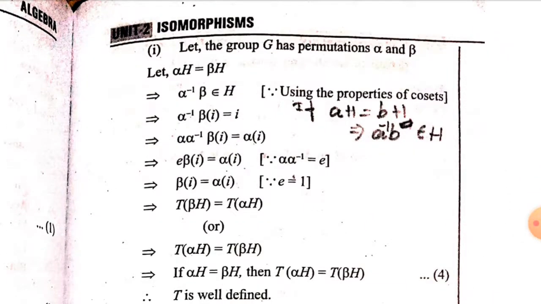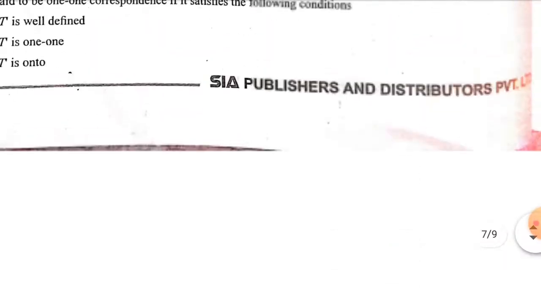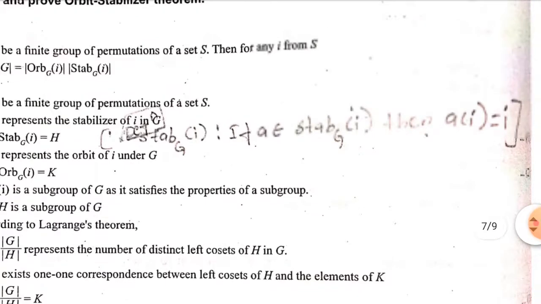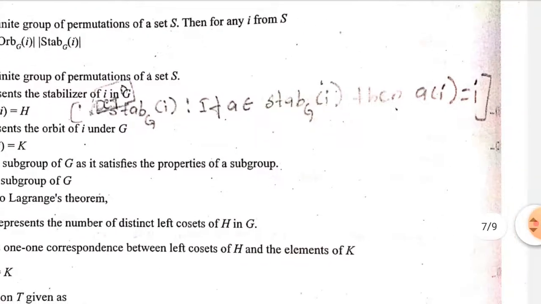First condition: we take alpha H equals beta H. See the property of cosets: if aH equals bH, we have a inverse b belongs to H. The same property we apply here: alpha inverse beta belongs to H. H is nothing but the stabilizer of i in G. See the definition of stabilizer: if some element belongs to the stabilizer G of i, then we can write that a of i equals i.